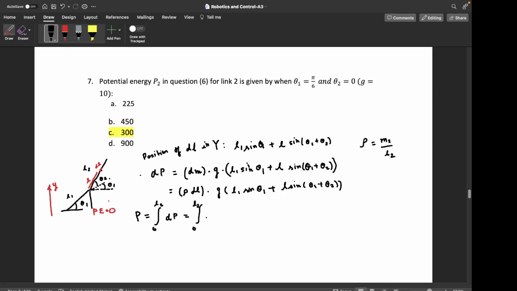From 0 to L2, rho and g are constants, so let's bring them forward.